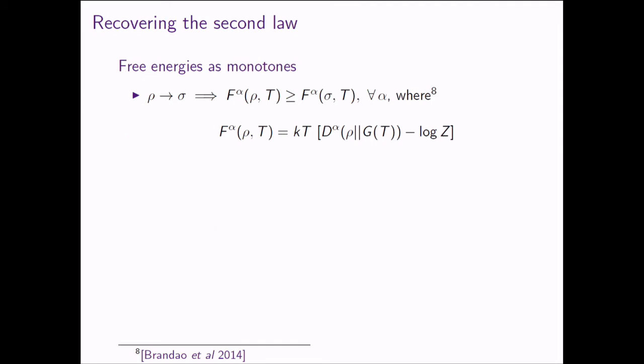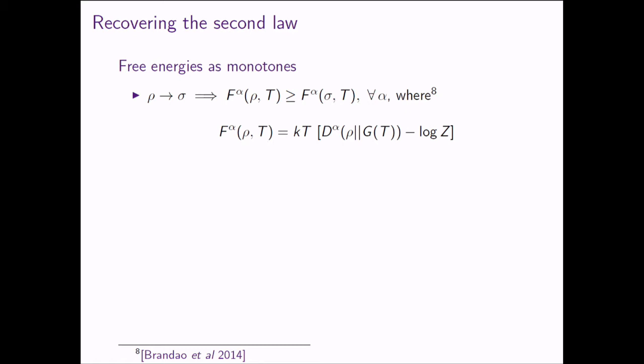But what you get from this is that the free energies are monotones for all states, including coherent states. Yes. And what are these free energies? Essentially, they are a rescaled divergence. So you take this thing that you knew was a monotone, and then you multiply it by kT, okay, and then you take away this log Z, which is a constant that depends only on your Hamiltonian.